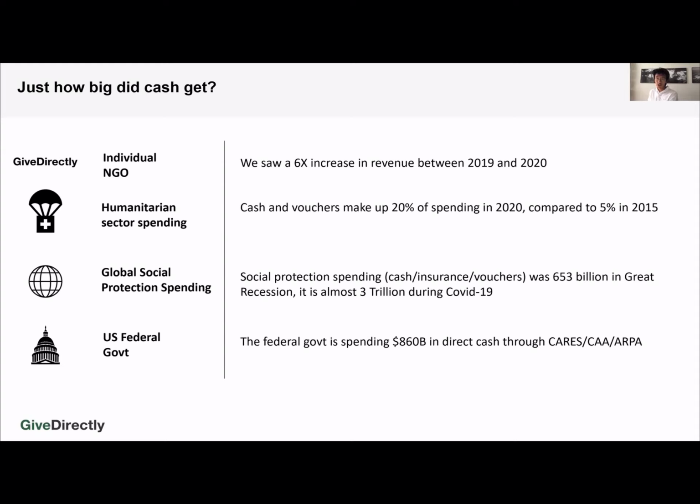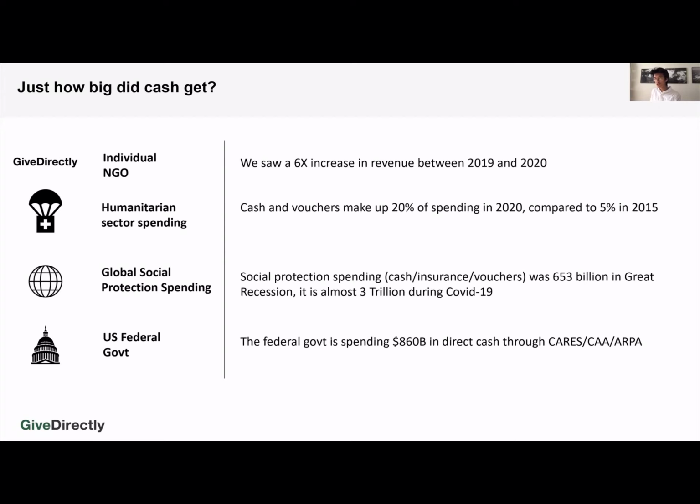Compared to our last great crisis, social protection spending around the world, this is not just cash but cash, insurance, and vouchers, has gone up almost 5x. It's wild. And the US federal government, through CARES and the American Recovery Act, is spending $860 billion in direct cash payments to households.